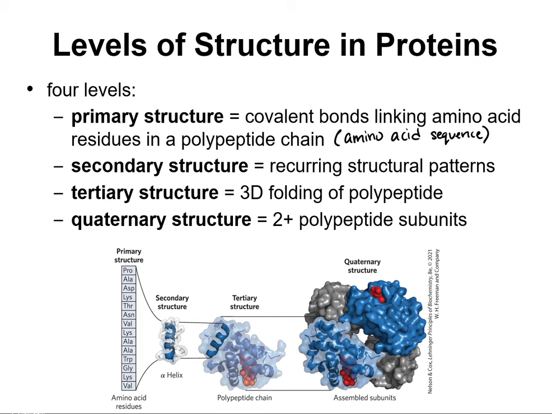Alpha helices and beta sheets are secondary structure. Tertiary structure is the 3D shape of the protein. And quaternary structure is when we're looking at more than one subunit. If you've got multiple subunits that come together to form some kind of complex, that would be quaternary structure.